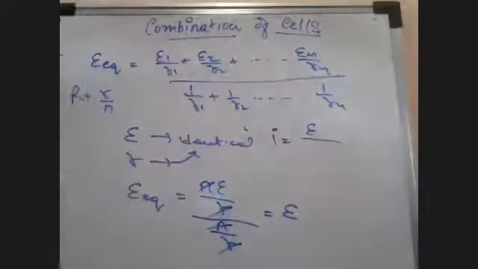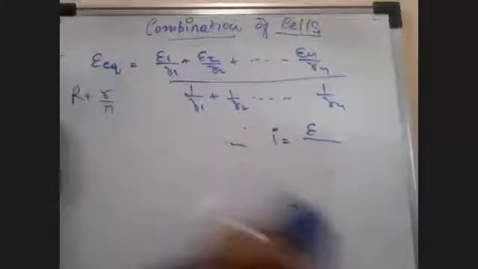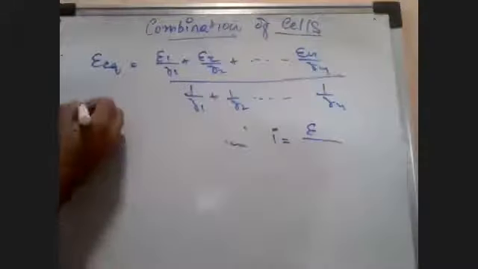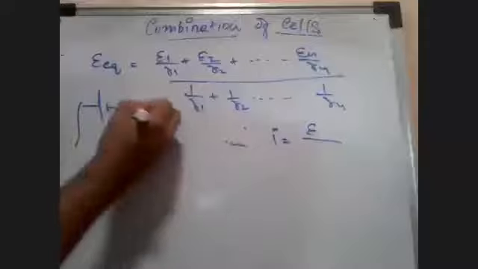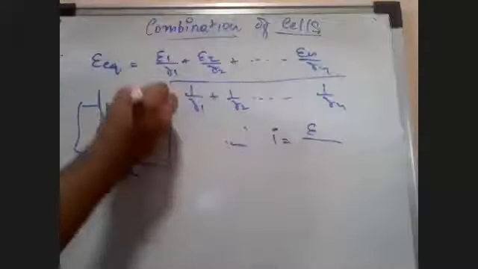Why? Because I had taken a load resistor, capital R, in the circuit before. You remember? We have to consider that also. This capital R also has to be considered.